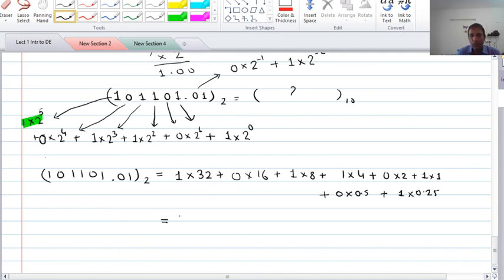Okay, this will give you 32 plus 8 plus 4 plus 1 plus 0.25, and it will give you 45.25, and hence proved. Okay, this will be your answer.